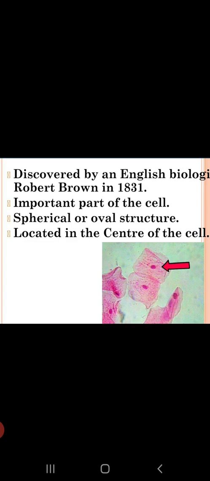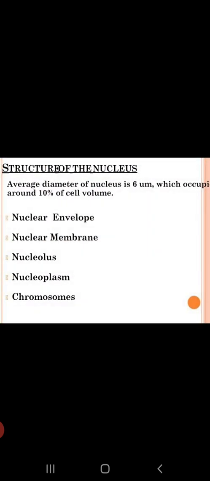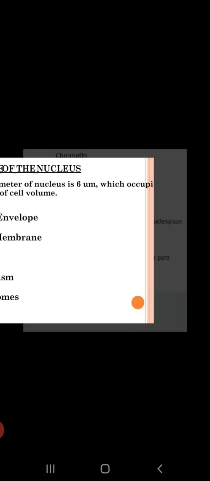Now talking about the structure of the nucleus. The nucleus basically consists of four important parts: the nuclear membrane, the nuclear sap, which is also called nucleoplasm, then the third one is the nucleolus, and chromosomes are the fourth one. We will go ahead and study them one by one.